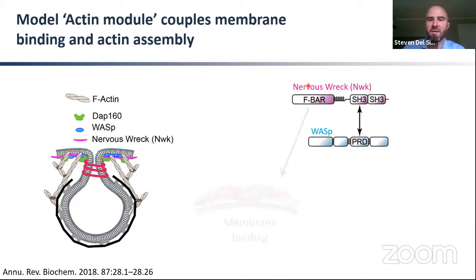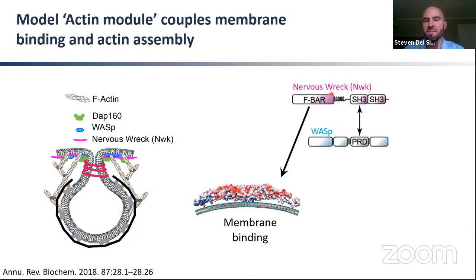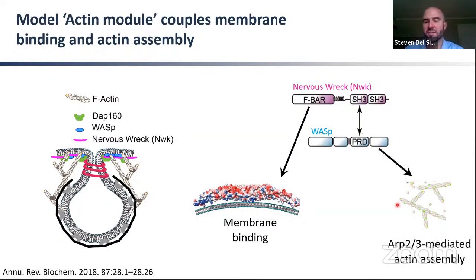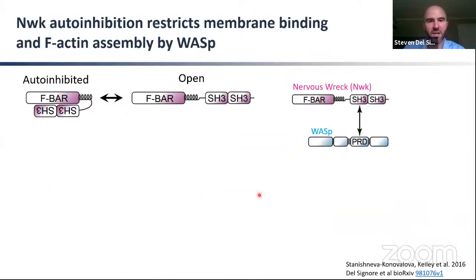And that directly binds to membranes via its BAR domain. And then through its SH3 domains can interact with WASp, a protein which drives Arp2/3 mediated actin assembly. And so together, the idea is that this is a representative module that couples actin assembly and membrane binding.